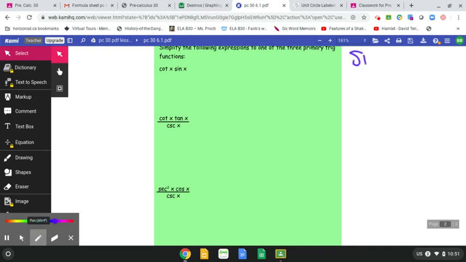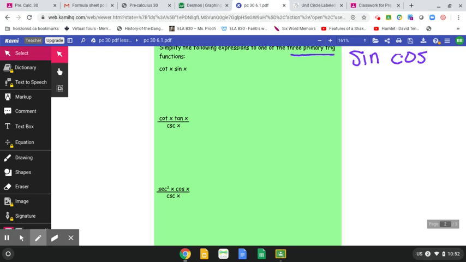Always write as sine or cos, okay? Once you write in terms of cos and sine, it's a lot easier to simplify, okay? So the questions here say, simplify the following expressions to one of the three primary trig ratios.